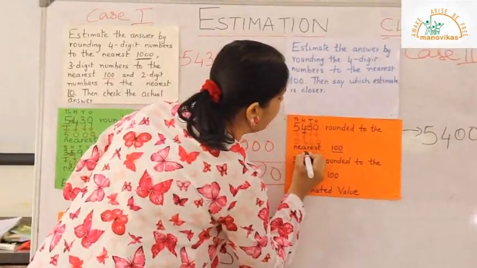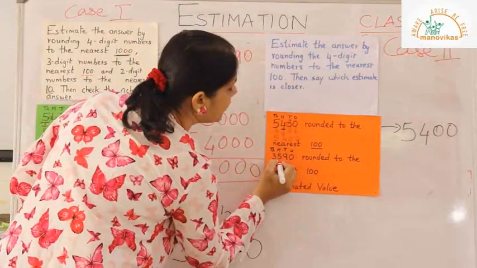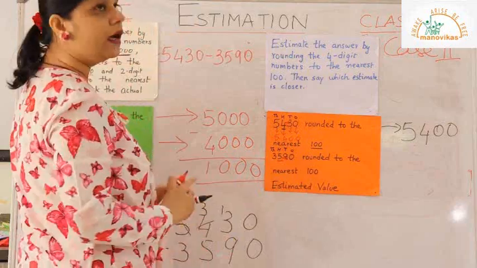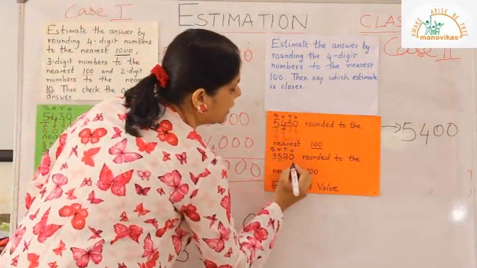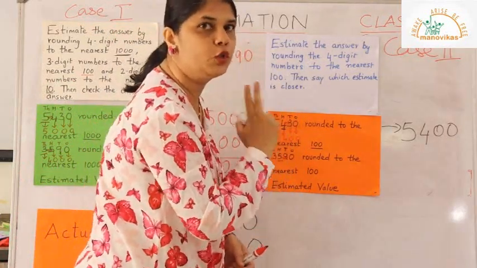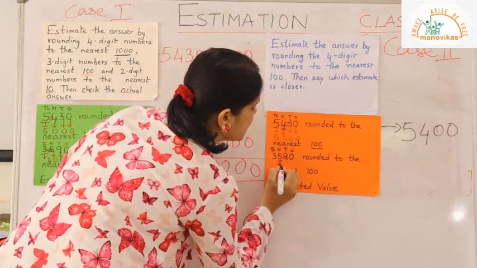Now look at the next number. Again we need to round it to the nearest 100. So underline the digit in the hundreds place and check the digit in the tens place, that is the next digit. Now the next digit here is 9, which is more than 5 and belongs to group 2, correct? So what will happen here? 5 will become 6.